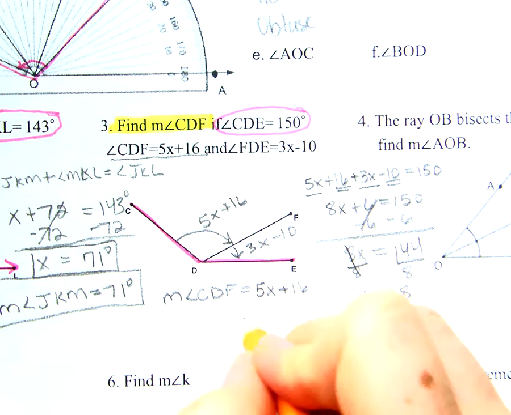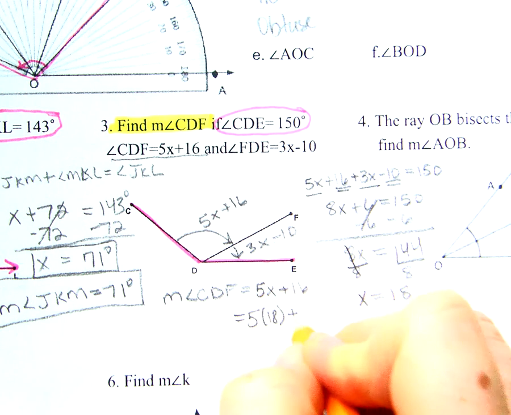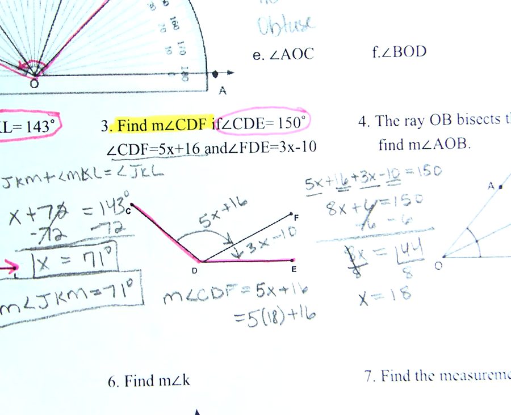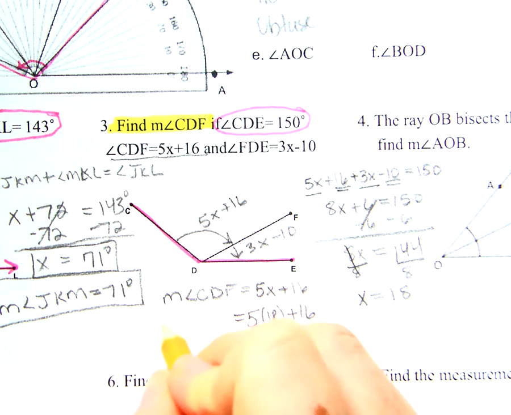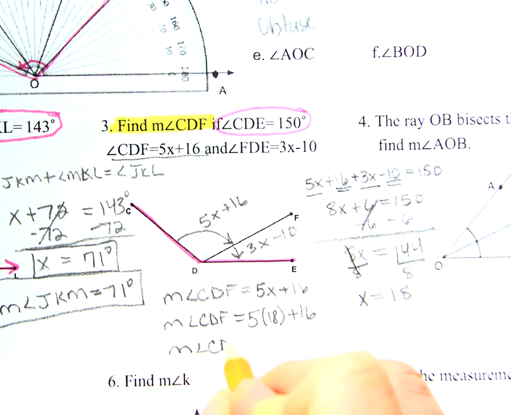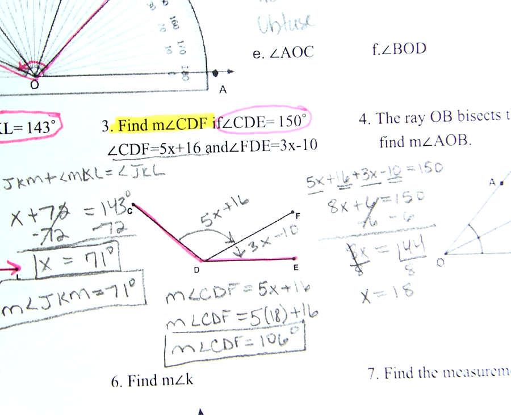So plug in your 18: 5 times 18 plus 16. I just plugged in what I solved for. 5 times 18 is 90, and 90 plus 16 is 106. That's the measure of angle CDF, which is what it's actually asking for. And again, end with the degrees symbol because I've found the measurement of an angle at that point.